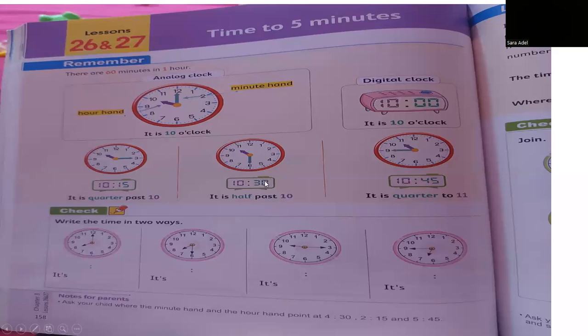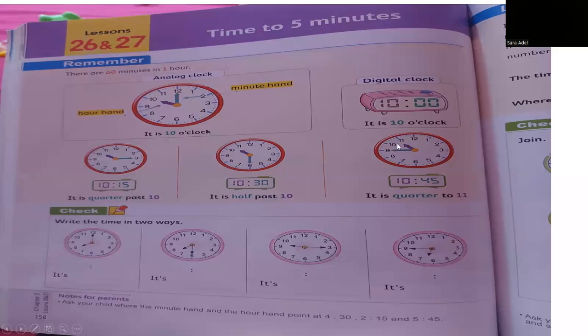6, it will be 30 because it starts from 5, 10, 15, 20, 25, then it will be 30. When the big hand stands on 6, it will be half past. It's half past 10. The last one, the big hand stands on 9 and the small hand is between 10 and 11.